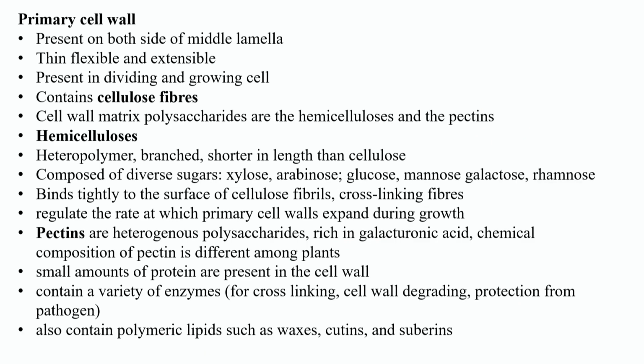Coming to primary wall, now every cell will have a primary wall. Now, primary wall will be adjacent to middle lamella. Suppose this is a common wall, suppose these are the two adjoining cells.